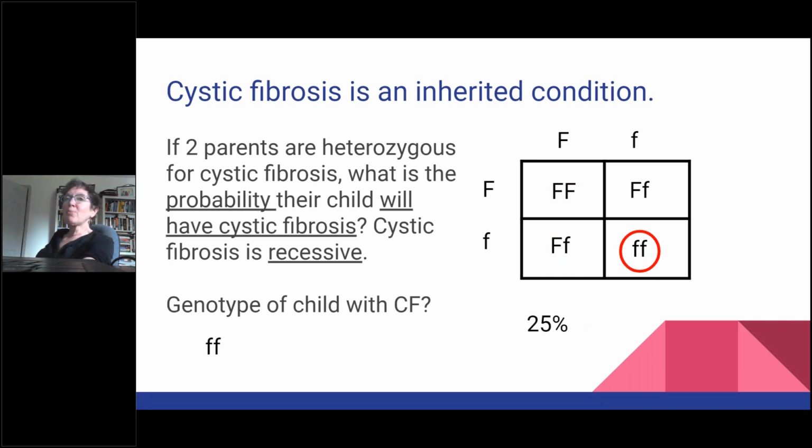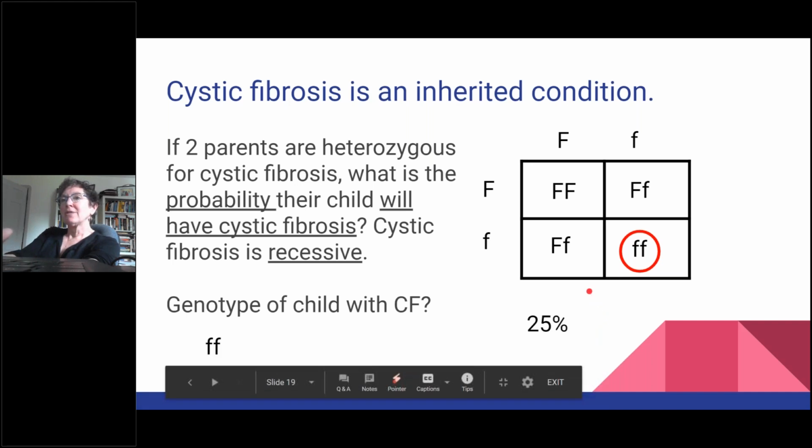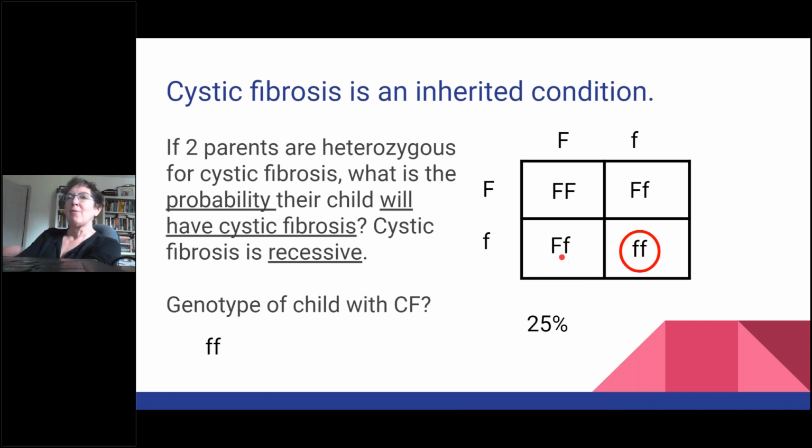If it said, what is the probability that their child will inherit the gene for cystic fibrosis that they could pass on, without having the disease themselves, that would be 50%, because there are 2 cases here where the child will not have cystic fibrosis because they've got that dominant F gene, but they do carry the recessive gene for cystic fibrosis.